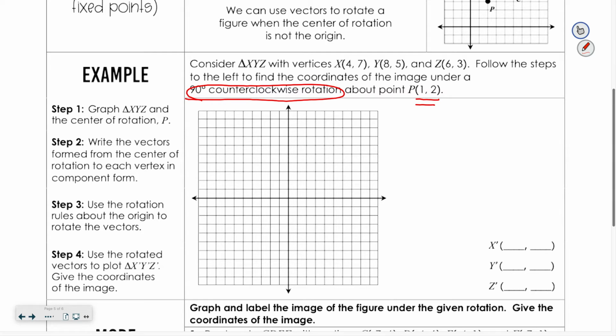So what I'd like for you to do first is graph that triangle and plot the point 1, 2. Okay. Got that graphed?